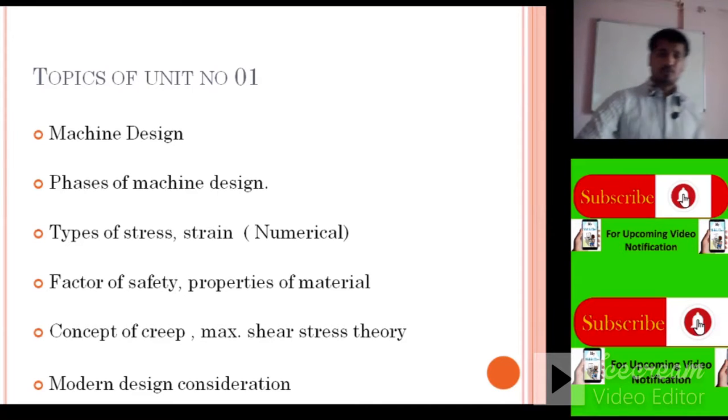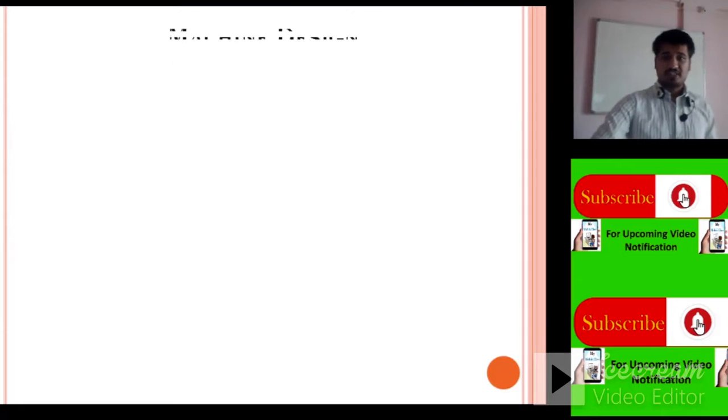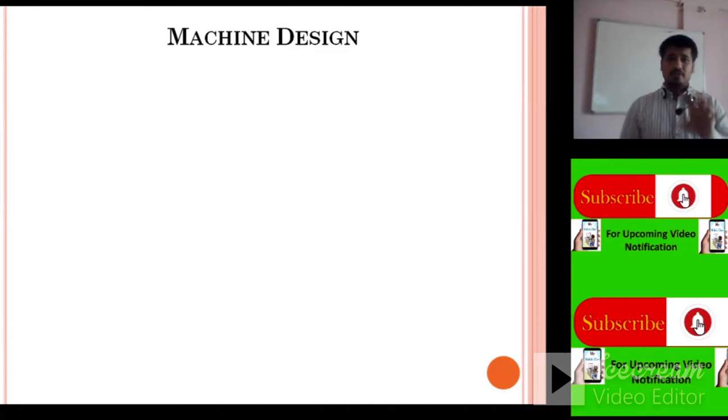And now we will move toward our first point, that is machine design. One question arises here: what is meant by machine design, or define machine design? When we consider the whole term, machine design, it is a complicated one because we have to take into consideration the machine and its design also.